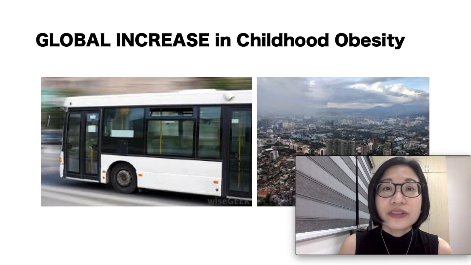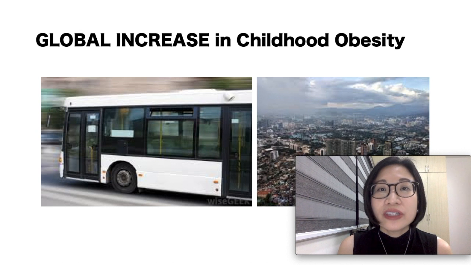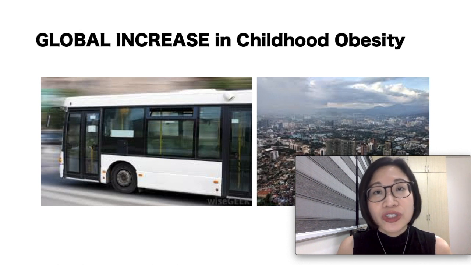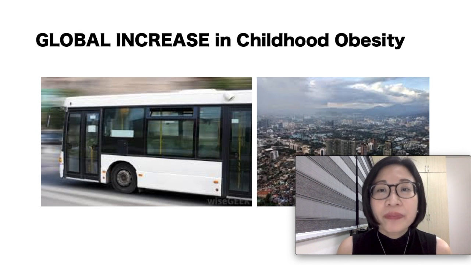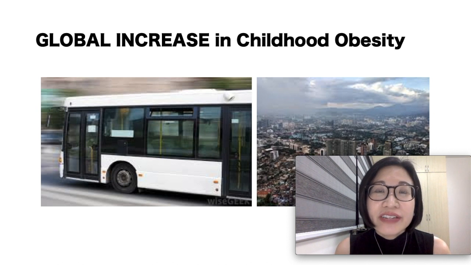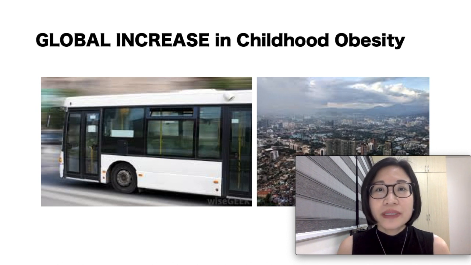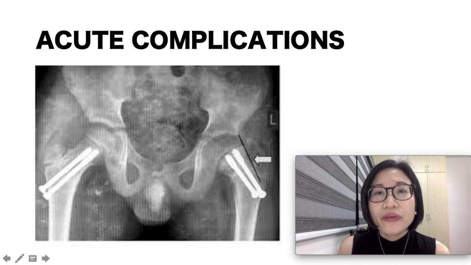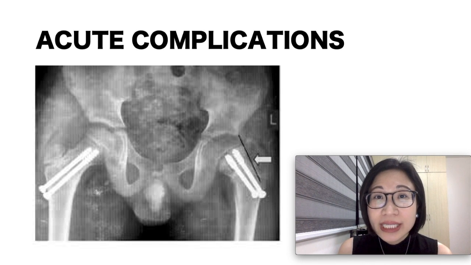Another reason for this global increase is because of the trend towards decreased physical activity brought about by changing modes of transportation, where we now take the bus or train, and there is less walking or riding a bike. Also, because of increased urbanization and a trend towards a more sedentary recreation time where we enjoy watching TV or playing video games.